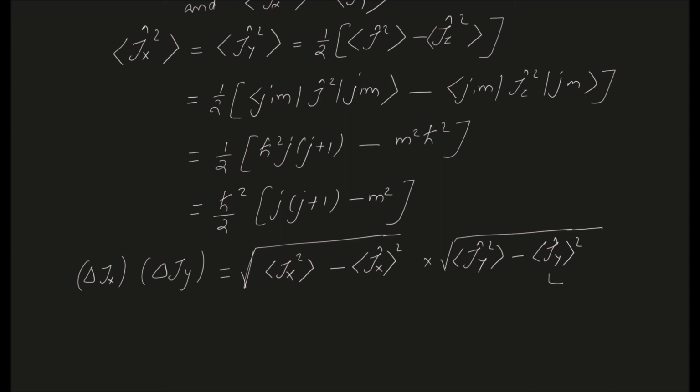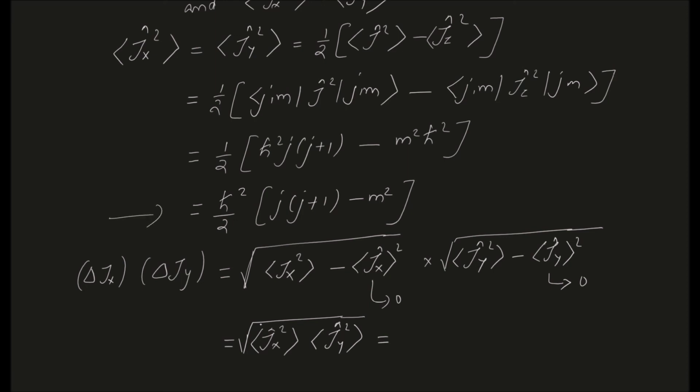Now I told you that the expectation of jy equal to 0 and the expectation of jx equal to 0, we have seen just before. So the right hand side will be simply the square root of the expectation of jx² times the expectation of jy², all these are operators. You can substitute from here.